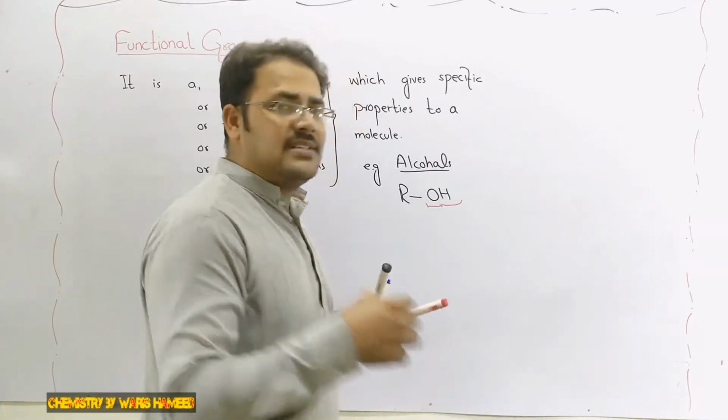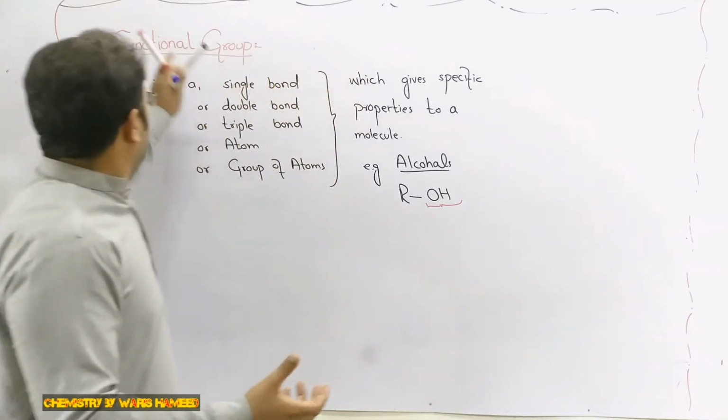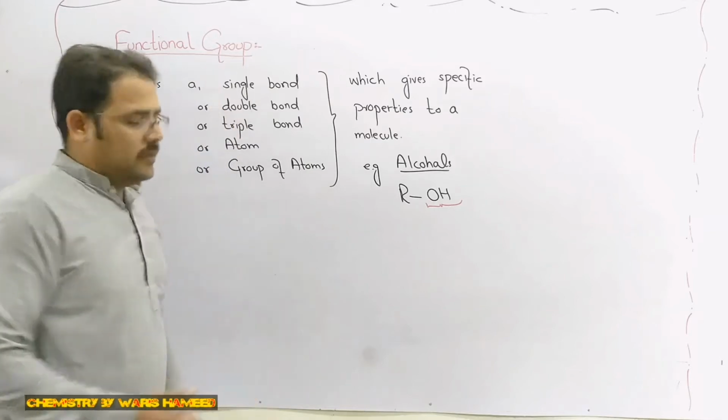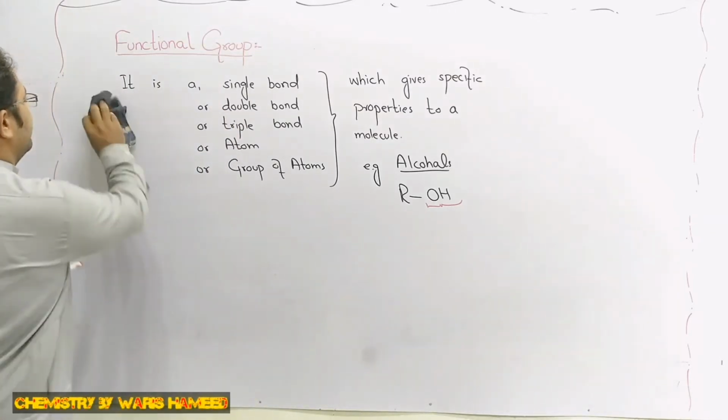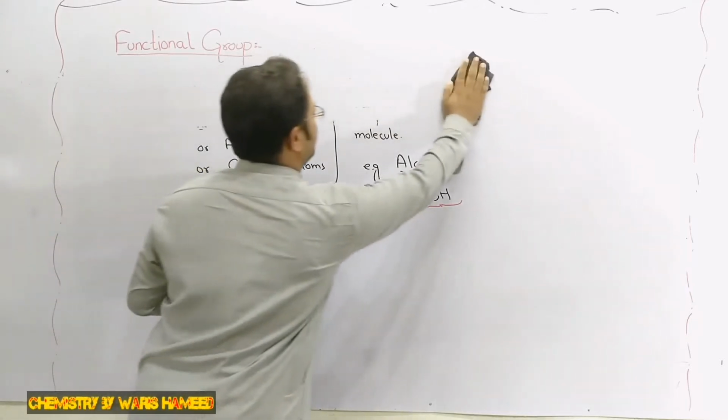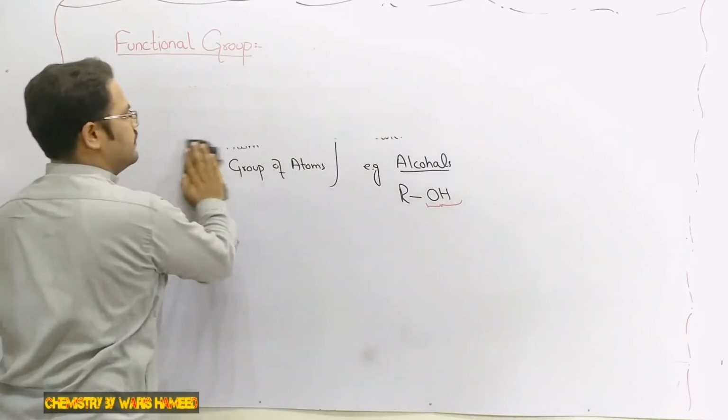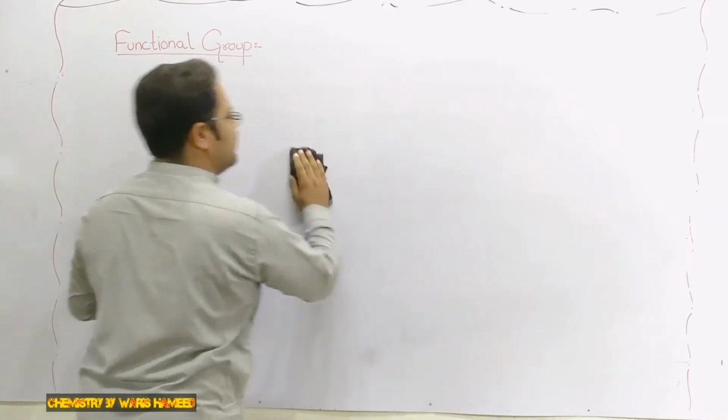Now moving towards some examples of functional groups. The first example is about single bond.